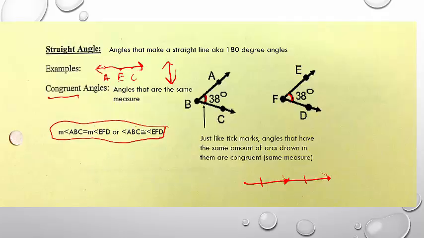It's just saying that the measures of the angles are the same. Now, if I had a picture that looked like this, and I put one arc in here and two arcs in here, you cannot say that these are the same because this has one arc and this has two. So that just means, hey, they're two different measures.